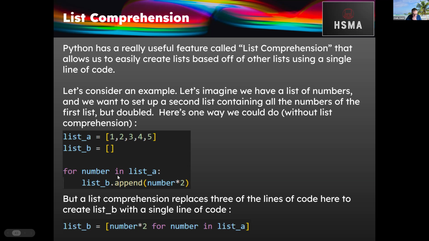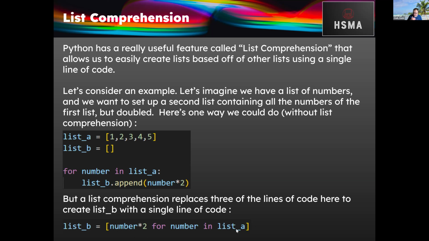A list comprehension will do all of those 3 lines in 1 line of code, and this will do exactly the same as above. Okay, so what this is saying, and it's often easier to read these things from the middle, is: for every number in list A, give me back that number doubled. So give me number times 2 for each number in list A. There you go, done. Put some square brackets around it.